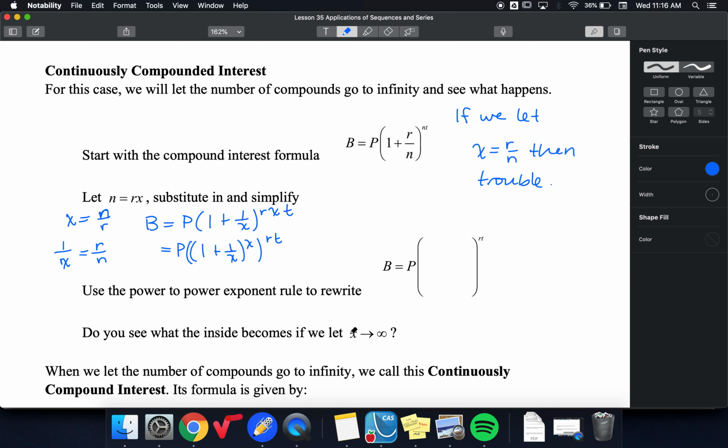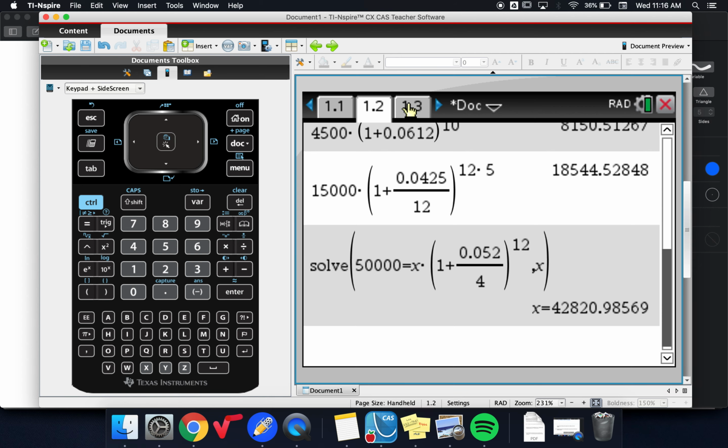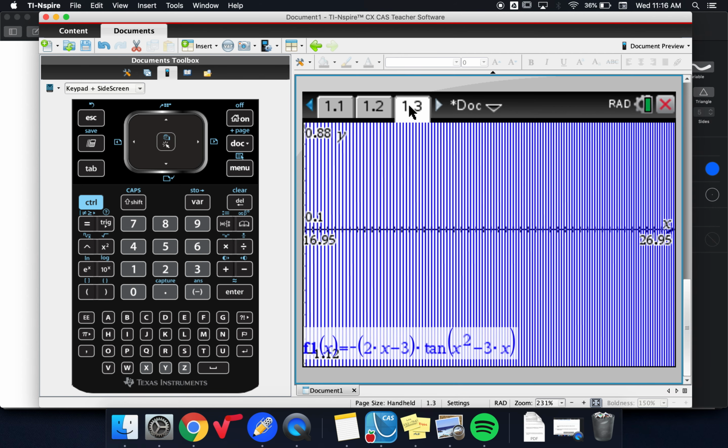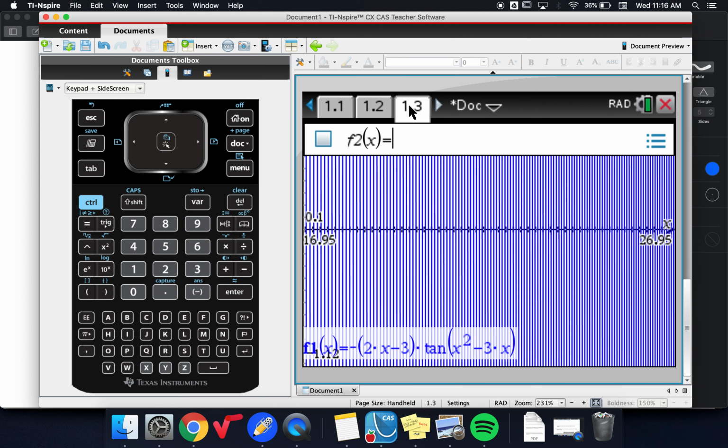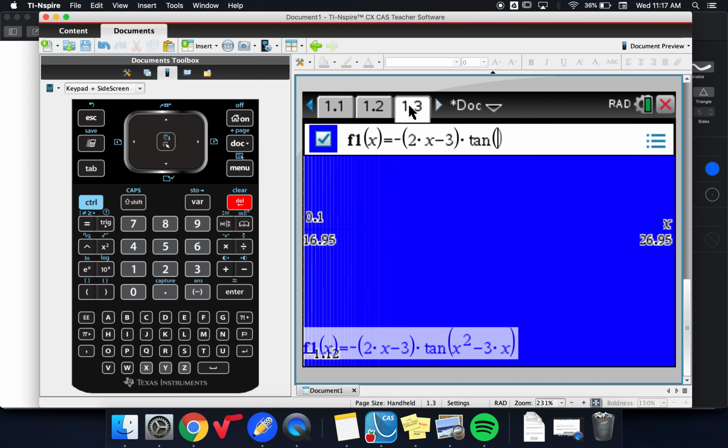So now, if we let x go to infinity, let's look at what happens in our calculator. So if we go into a graphing window, let's see if I have one open. I do. All right, so clearly there's something exciting in there. Let's clear this out.